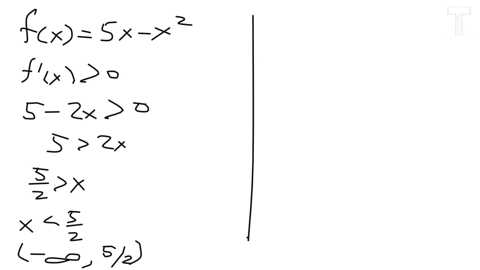Now my question part C was, where is this function decreasing? Well, this is nice because I've actually already done all the hard work. I know that f prime of x is positive when x is less than 5 halves.